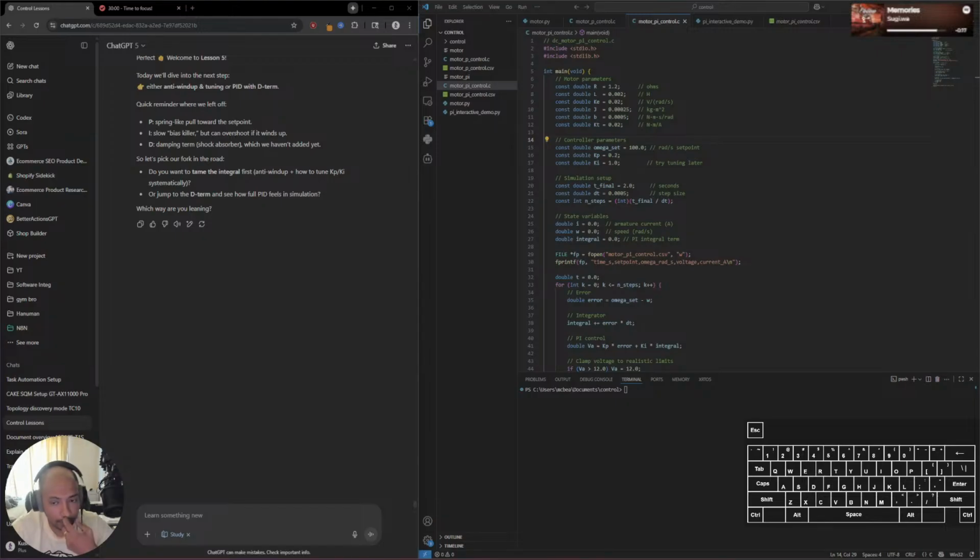Hello, hello, hello. So today, we're going to learn about control loops. I feel like I haven't explained what a control loop is, so I'm just gonna explain it real quickly. Let's say you want to control something. For instance, you have a car and you need it to go X distance.